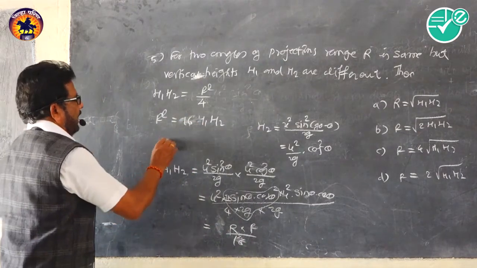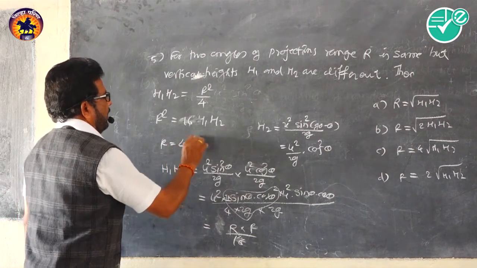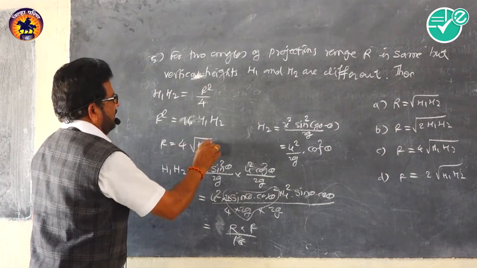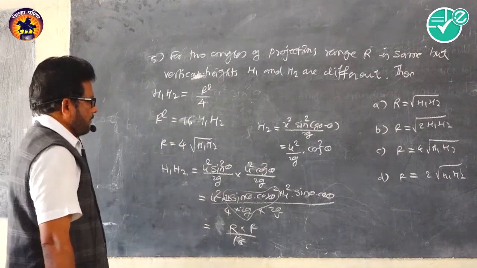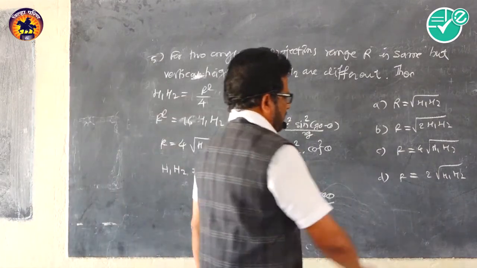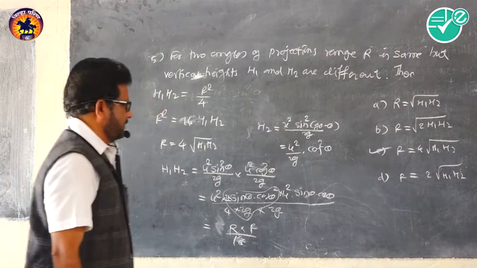And therefore R is equal to 4 under root of H1 H2. Then option C is correct option.